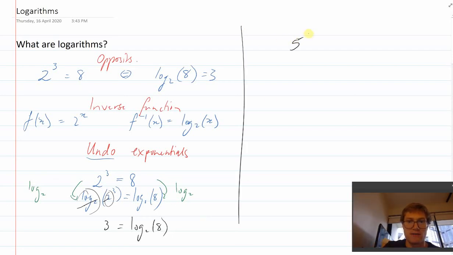So suppose you have 5 to the power x equals some random number, 14, and you want to solve this. Well, what you do is you undo the power of 5 bit by doing a logarithm, and you then get just x, and you get logarithm base 5 of 14. Because what you've secretly done there is the log base 5 to both sides.